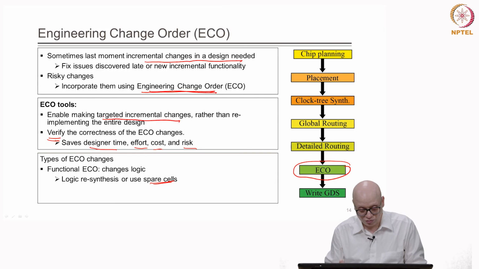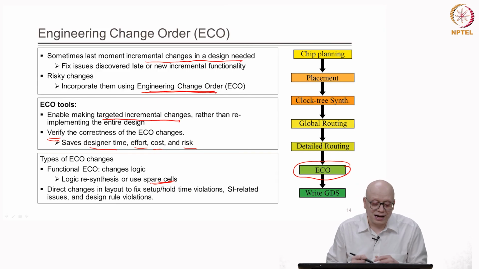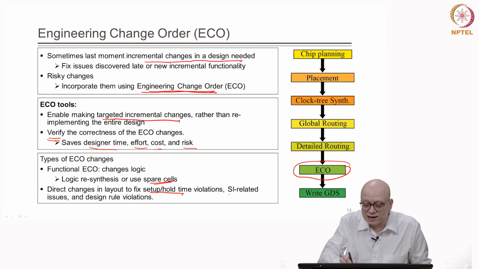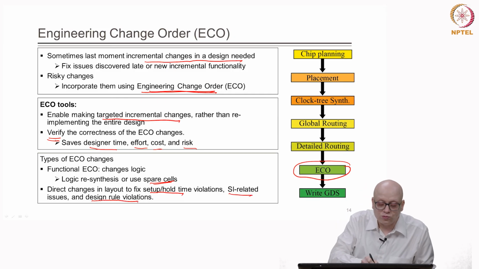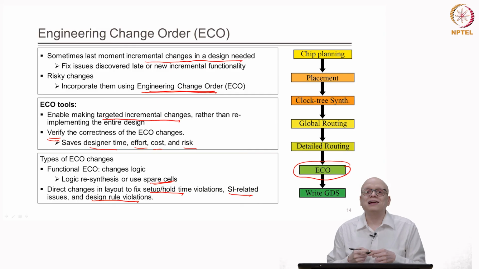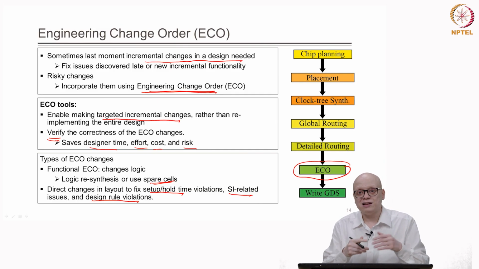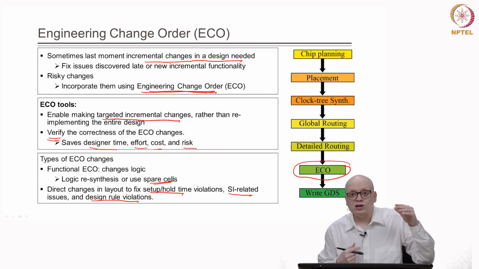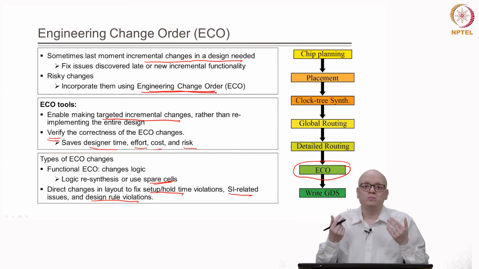these functional ECOs. And there can be some direct changes in the layout to fix setup hold violations, SI related violations and design rule violations. So, these violations will be discovered at the sign off stage, right. So, we saw that in the sign off stage we carried out multiple verification tasks. Now, those tasks can expose new bugs.